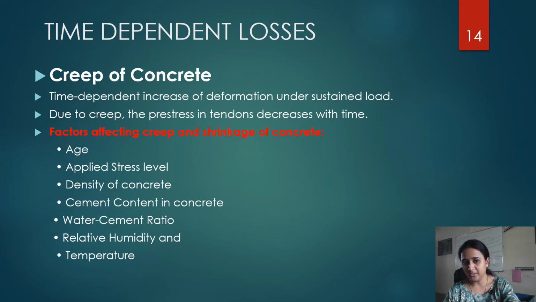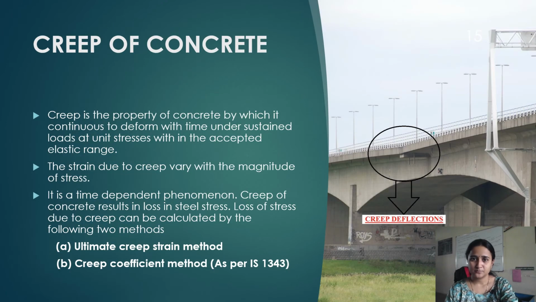Here, water cement ratio and cement content in concrete matter very much. And for shrinkage we consider relative humidity and temperature. Because of these two factors there will be shrinkage loss, or if we have not taken care of relative humidity and temperature there will be a loss due to shrinkage.